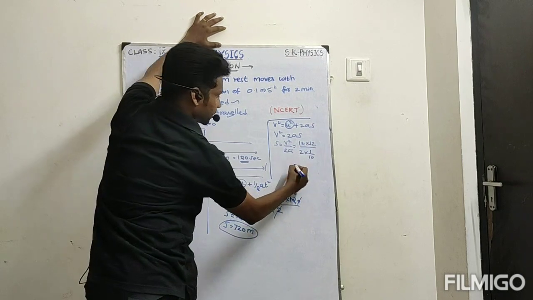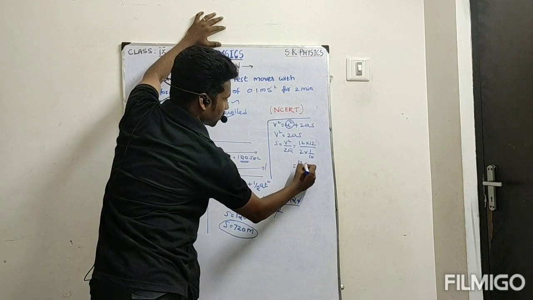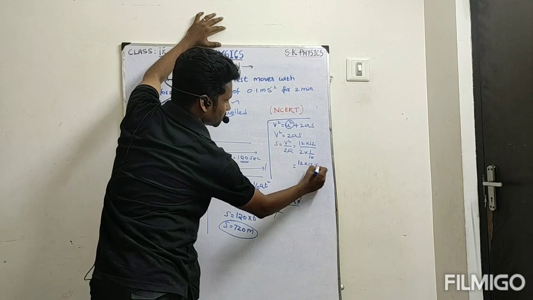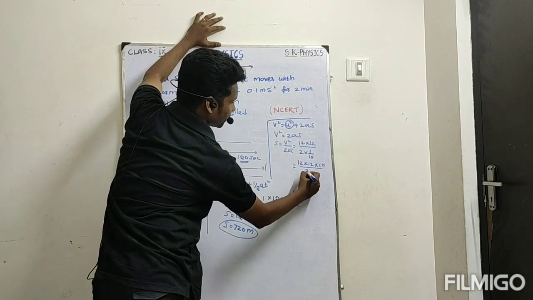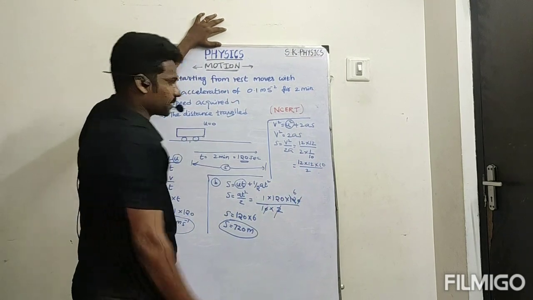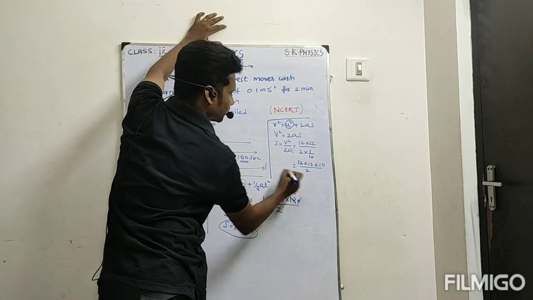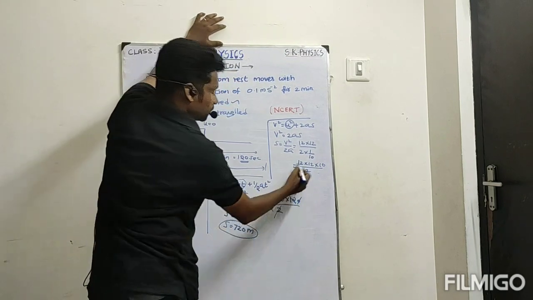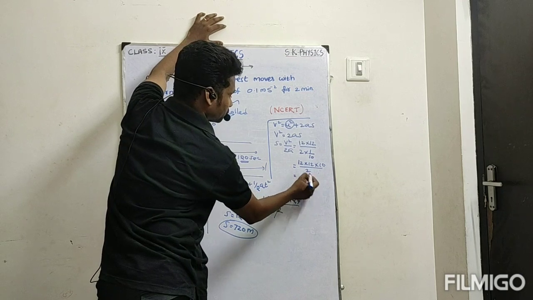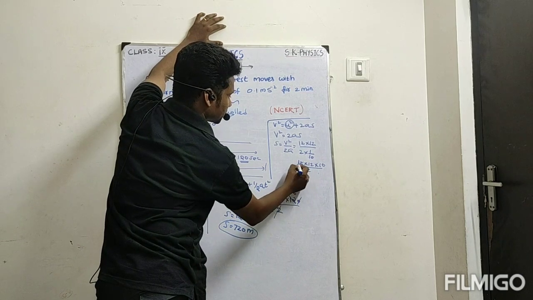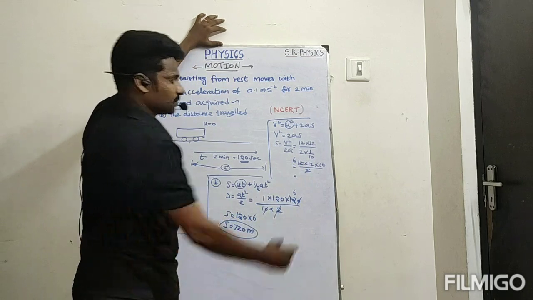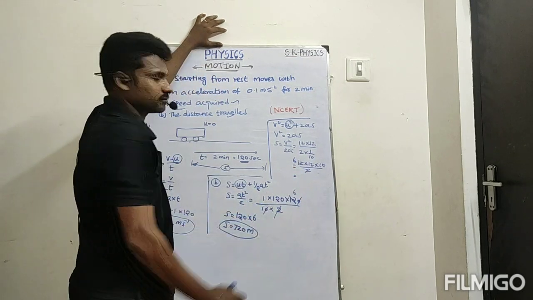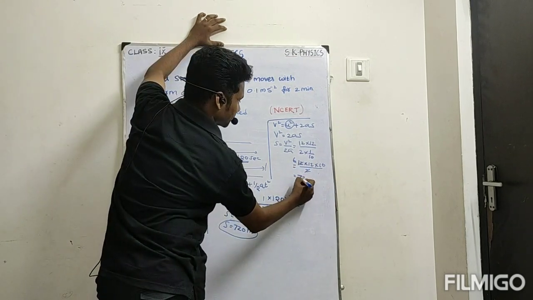The 10 again moves to the numerator. So I can write 12 into 12 into 10 divided by 2. If you observe, very simply, 2 goes into 12 six times. 12 into 6 is 72, and 72 into 10 is 720.